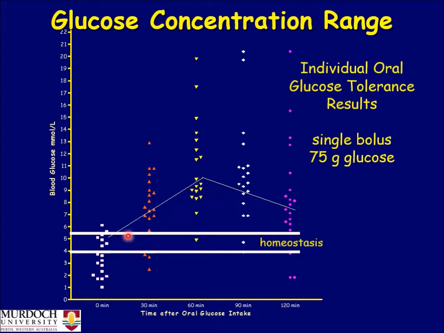And you get this nice peak in glucose concentration, and then it starts to decline again as you approach the 120-minute mark. But have a look at these guys up here. So these individuals consumed that glucose. It spiked to really high concentrations in their blood, and I'm talking up around 20 millimolar. And then the problem was, at the 90 and 120-minute mark, it didn't come back down.